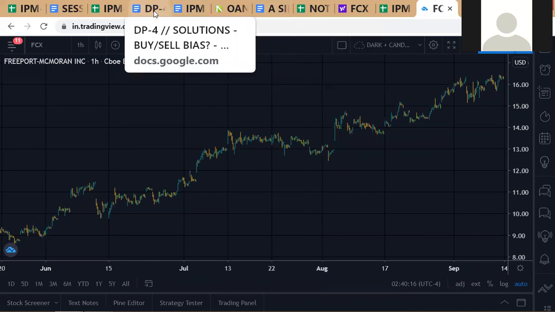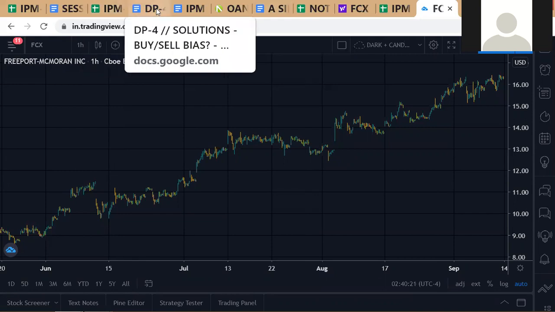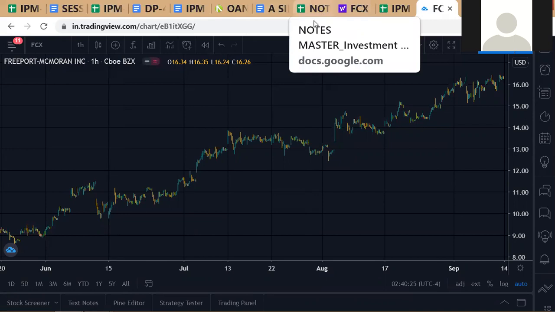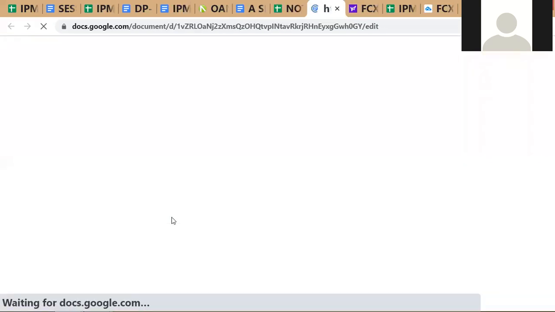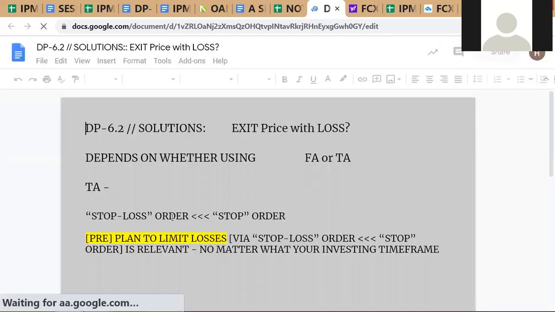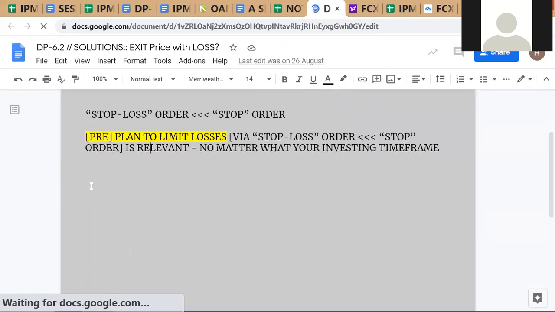I want to put this into the actual note of 6.2 solutions, so that we make sure we have it. We have not had a detailed discussion of this, but what we have discussed here, for instance, is an example as a long position.